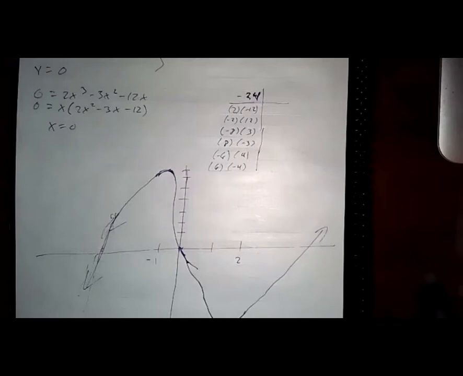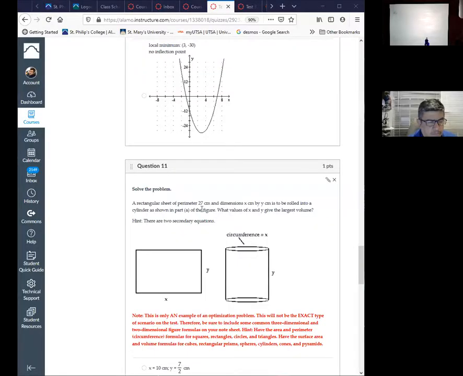Okay. Let me see if we can do 11, or at least try to. So, word problem. Here's the picture. A rectangular sheet of perimeter 27, with dimensions x by y centimeters, is to be rolled into a cylinder.